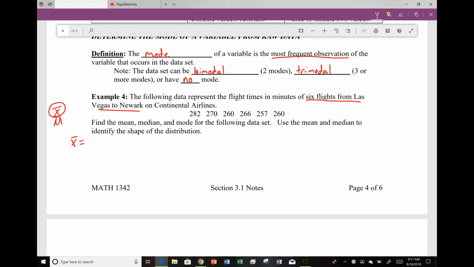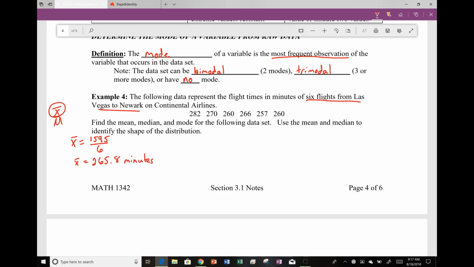So for x bar, we're going to add all 6 of these values up. When we add those up, we get 1,595. We divide by 6 because that's how many data values there are. When I divide by 6, I get 265.8 minutes.